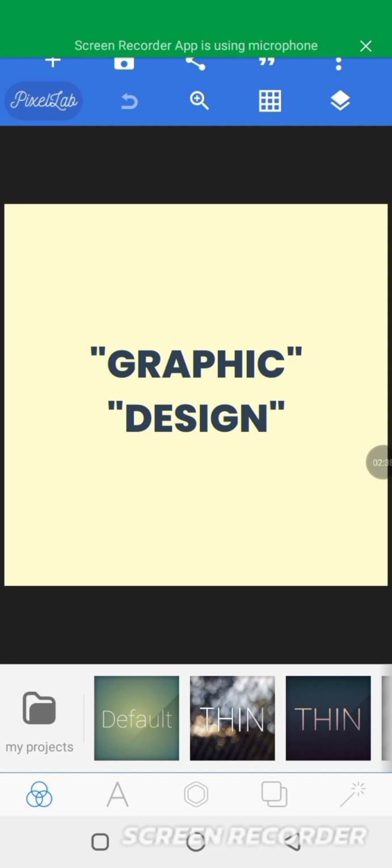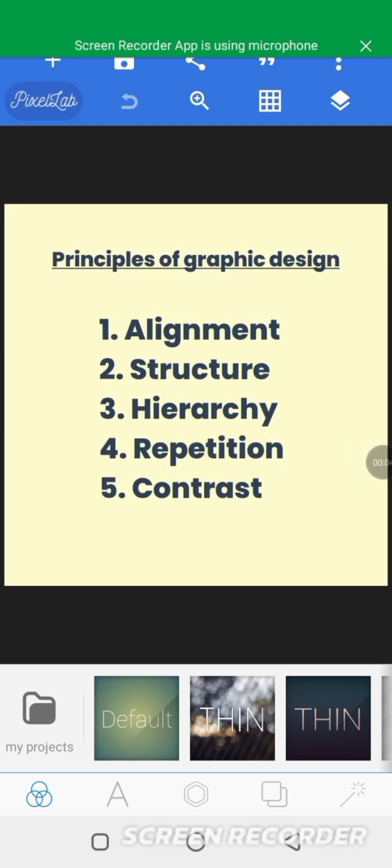So now that we actually understand what the graphic and the design mean, and the definition of graphic design itself, let's quickly move to the principles of graphic design. We actually have many principles of graphic design, but for the purpose of this class, I will be explaining maybe 4 to 5 of the principles.